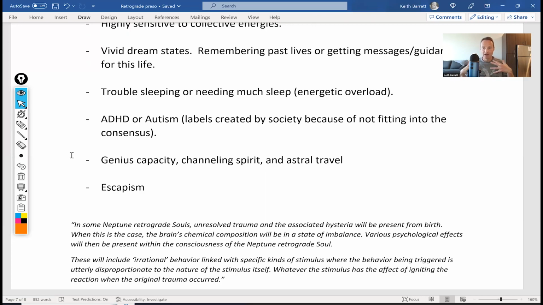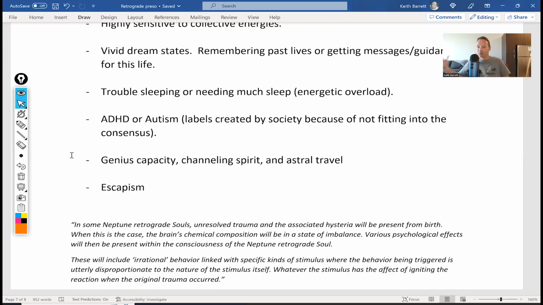So if you think of Neptune being the higher octave of Venus and being the symbol of universal energy and consciousness, think of yourself being in this body, experiencing this 5D reality, but then being able to grab information from other timelines, other realities and universal consciousness, right? And your guides and spirits. And so it would be labeled by consensus as genius capacity. Like, how did you know that? Or how can you provide this information without having learned that in school, right?